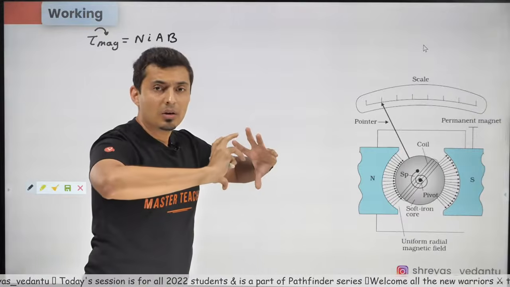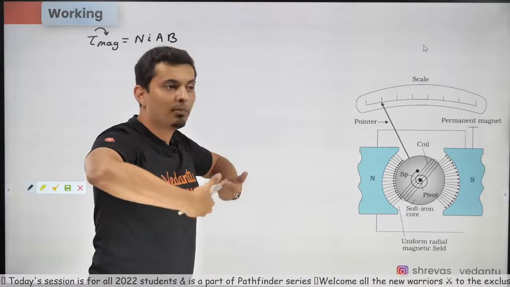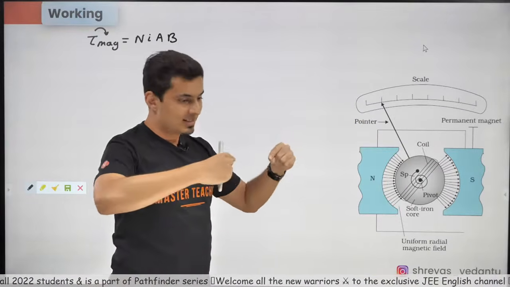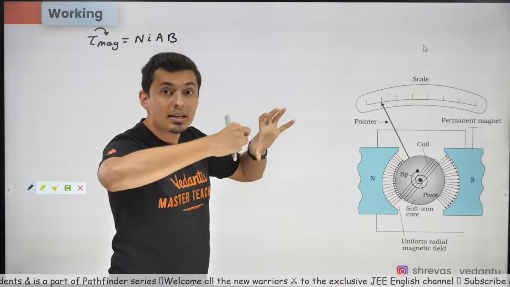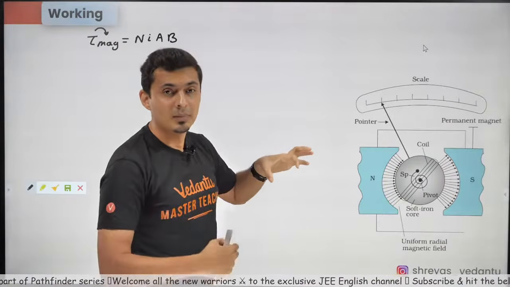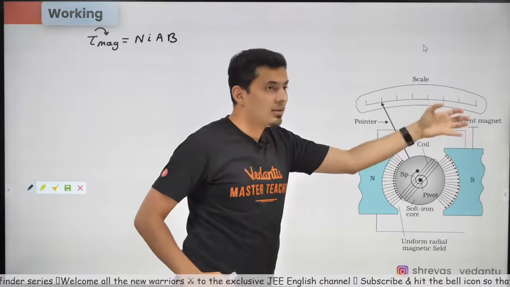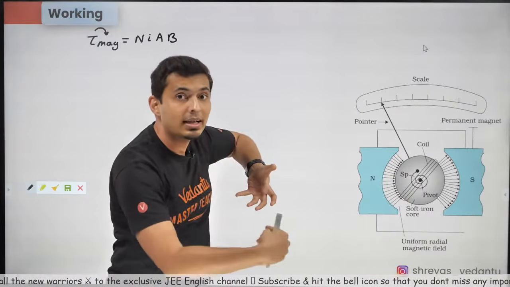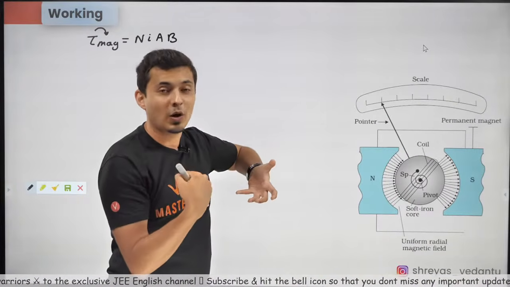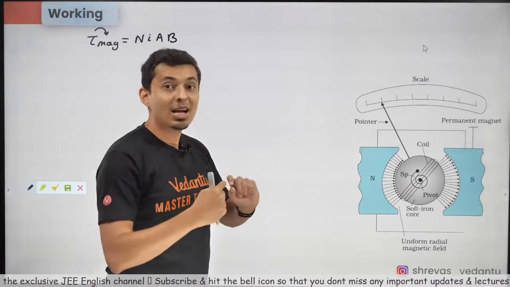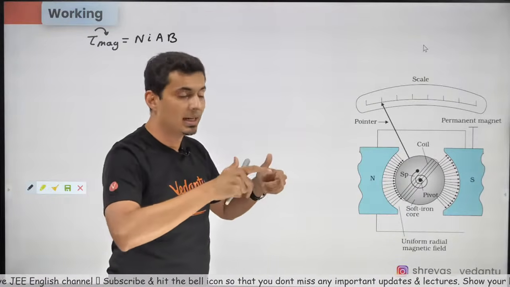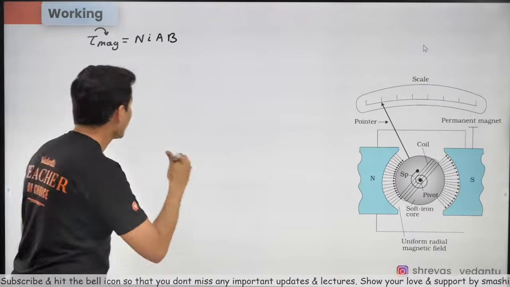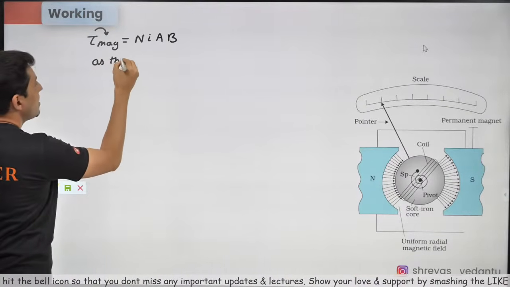If there is torque, obviously it will start rotating, but this entire coil which is suspended on that axis is also attached to a spring. So the moment this magnetic field tries to rotate that coil, the spring will create a restoring torque. The more you rotate, it will be more difficult for you to rotate it because the spring will create a restoring torque.